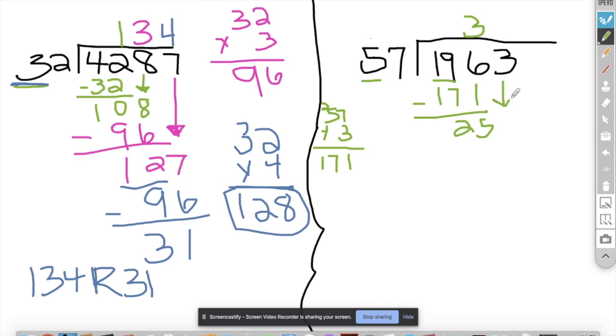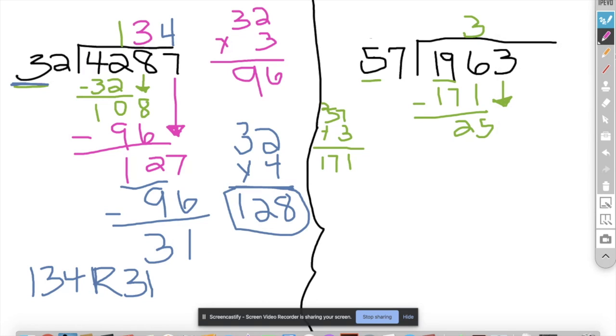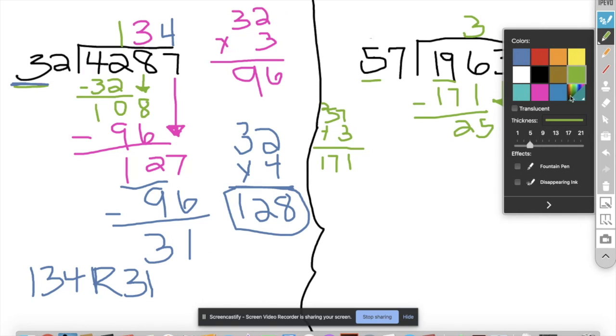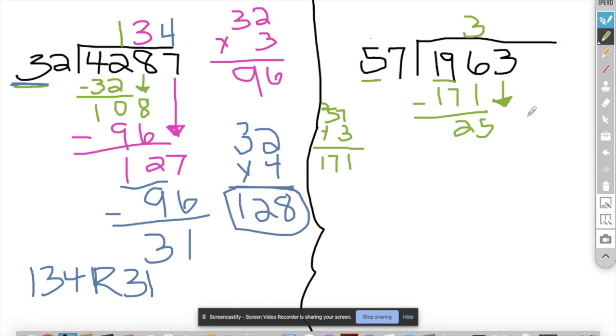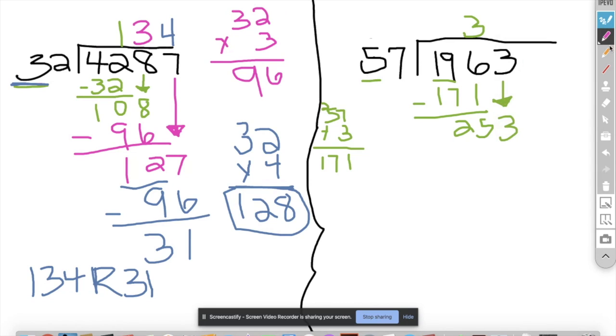Bring down our 3. Let's switch colors to the nice bright pink color. Oh, I didn't bring down my 3. I wrote the arrow, but I didn't bring it down. Okay, so now let's bring it over here.